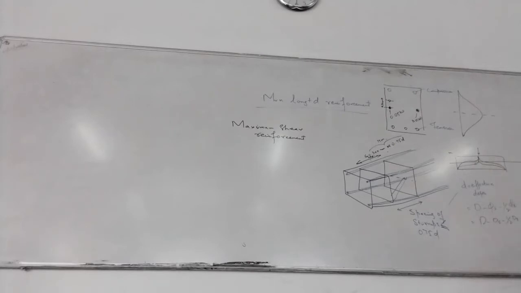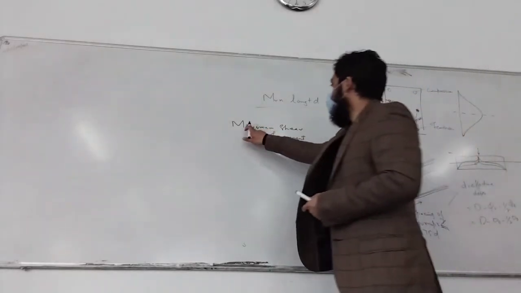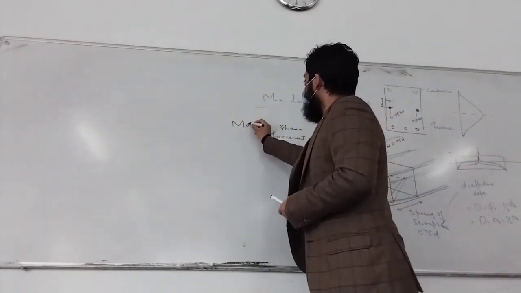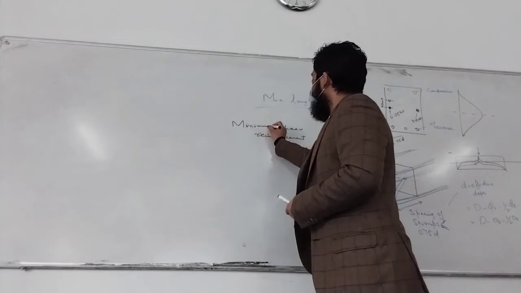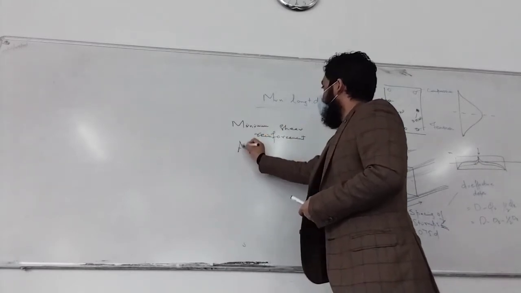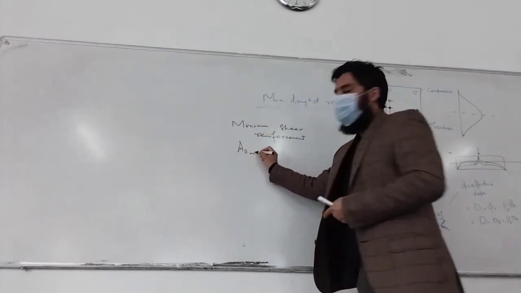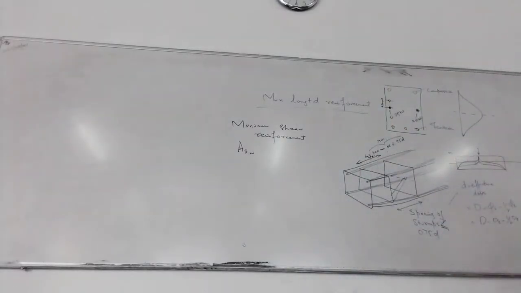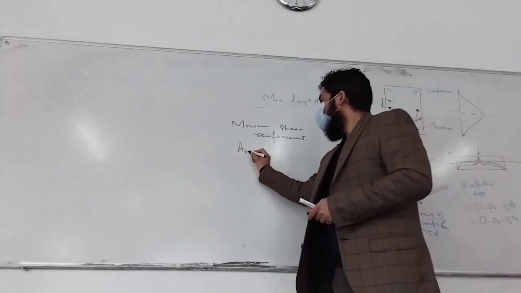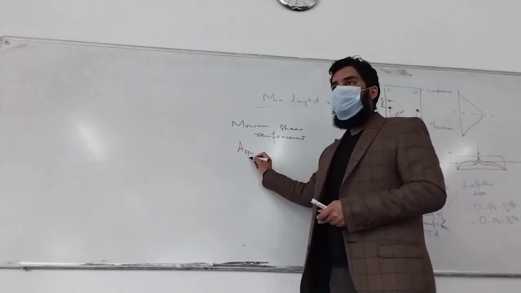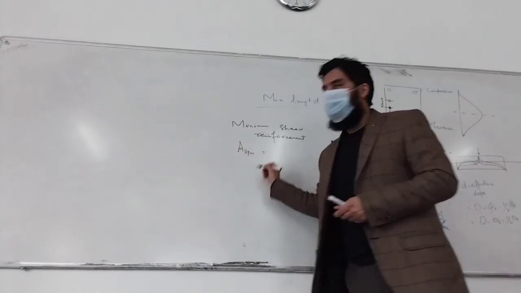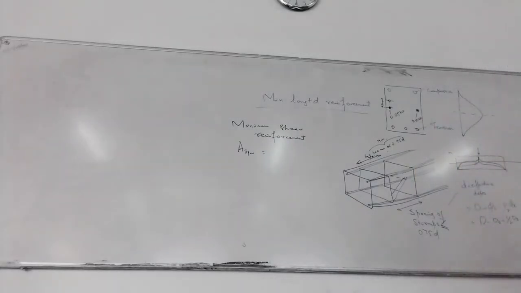The minimum shear reinforcement in the form of stirrups shall be provided such that it is Asv minimum. To separate it from the longitudinal reinforcement we did earlier, here Fy is written with a subscript because this is shear reinforcement.